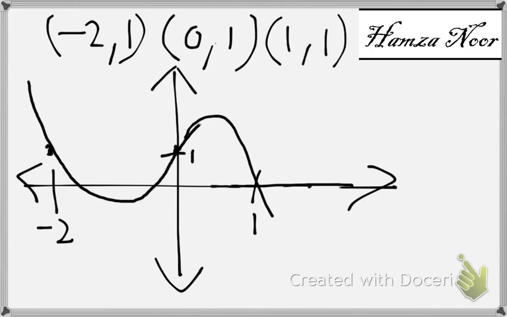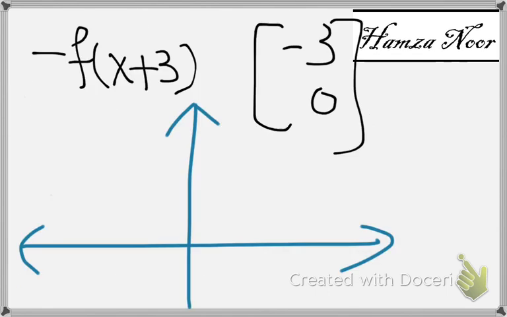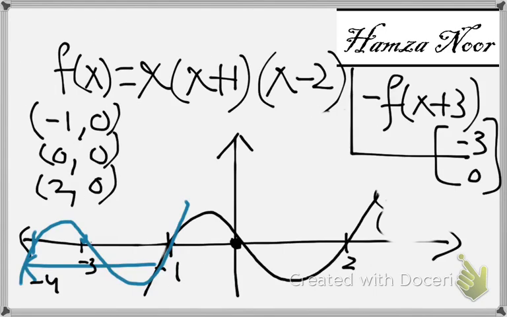The graph you obtained from translating horizontally with the translation vector (-3, 0) is like this: -4, -3, -1. These are three points, and the graph just goes like this.